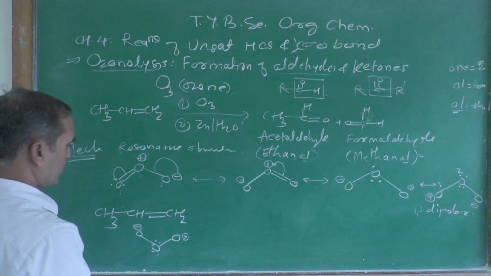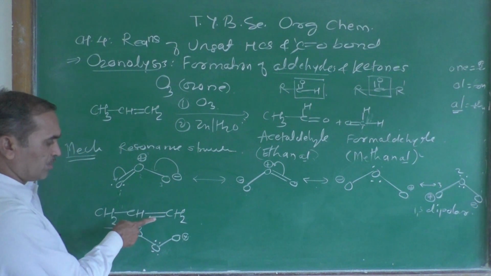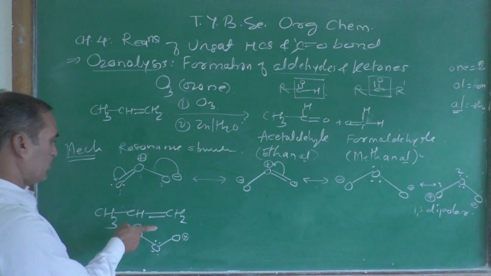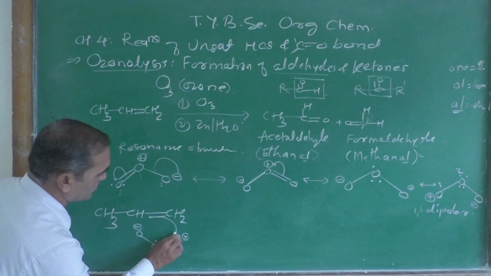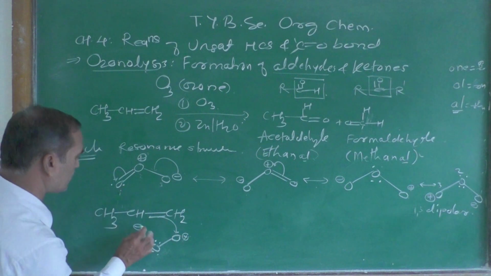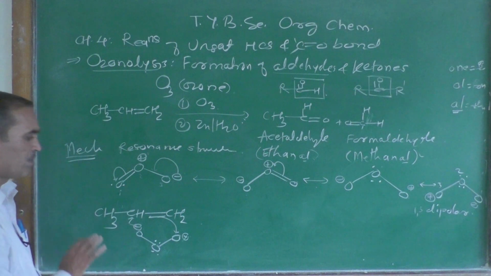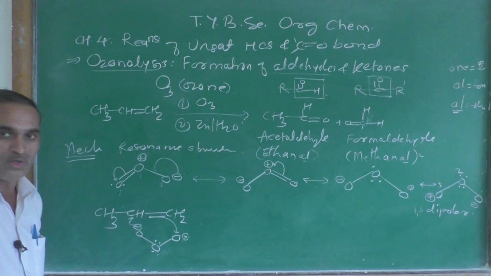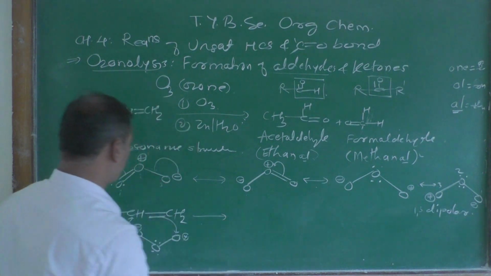Now what is going to happen? The pi bond is going to attack the oxygen atom carrying the positive charge, and the negative charge is going to attack this carbon atom. Remember, these are the arrows. How I am showing these arrows is the mechanism of this.